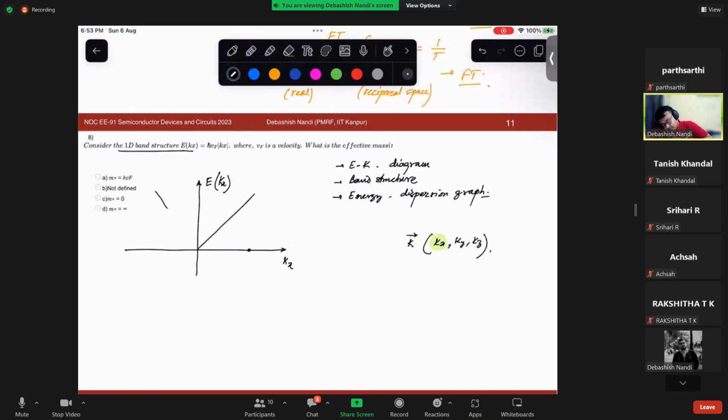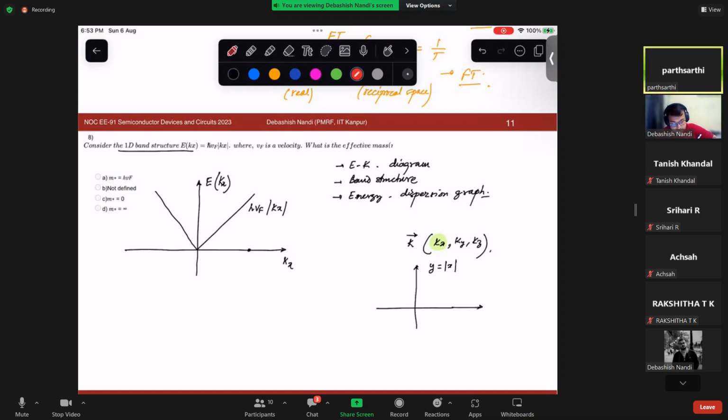And they have given this kind of band structure. This is your E = ħ v_F |Kx|. Do you see why I am drawing like this? What is the graph of y equal to mod x? Can anyone tell me what I should draw here? Same, that V, right?